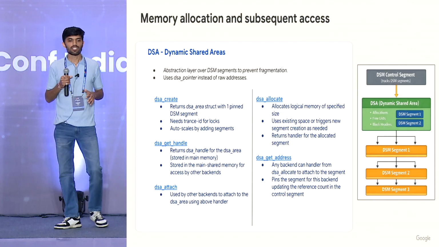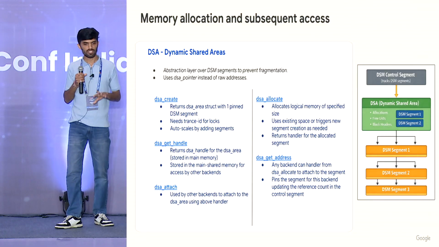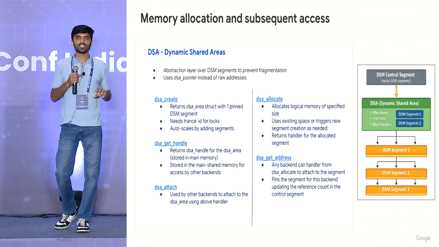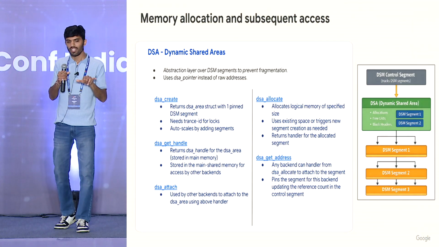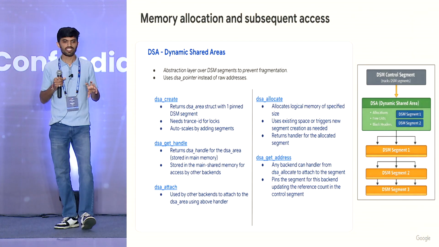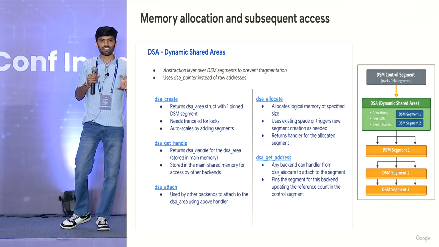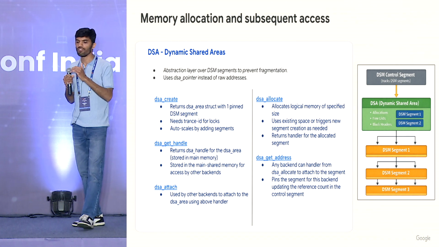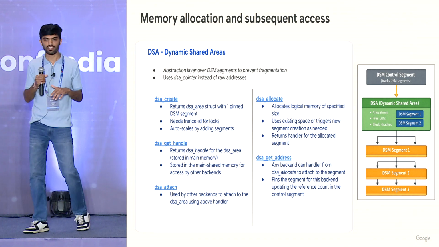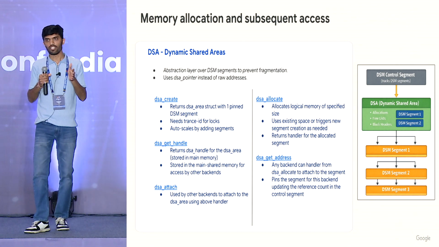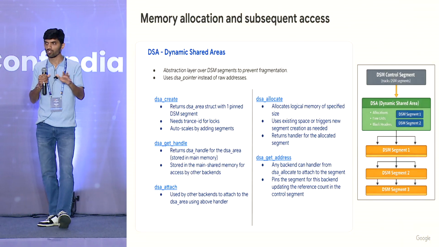These are basically just an abstraction over the raw DSM segments, and what it uses is the DSA pointer. The DSA pointer is just a fancy name for an integer handler, but what it deals with is always integer handlers instead of raw addresses, so that they can actually be referenced by all the backends which attach to the DSM segments.